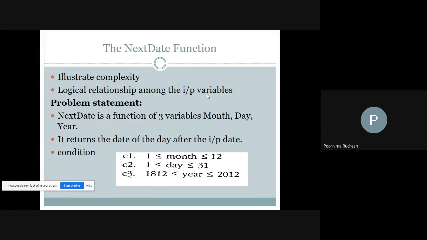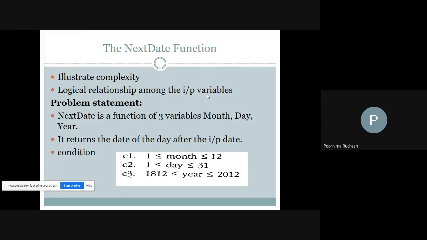So first we'll see the problem statement. The next date is a function consisting of three variables. What are those variables? Month, day, and year. The output returns the date of the day after the input date is given.